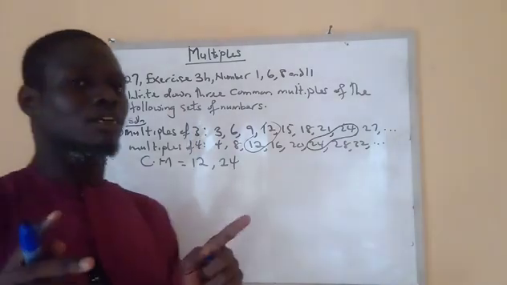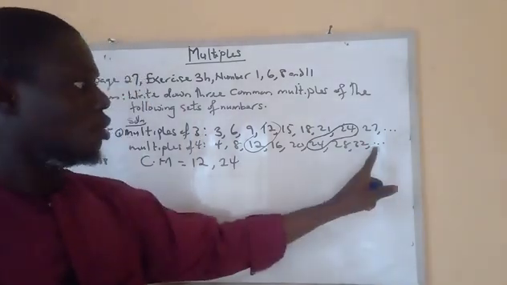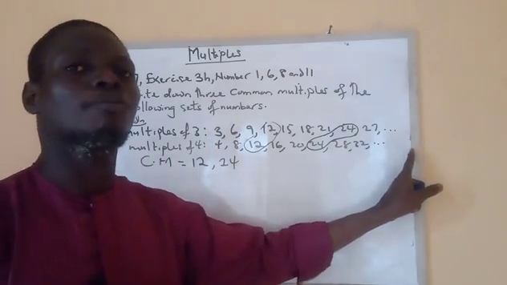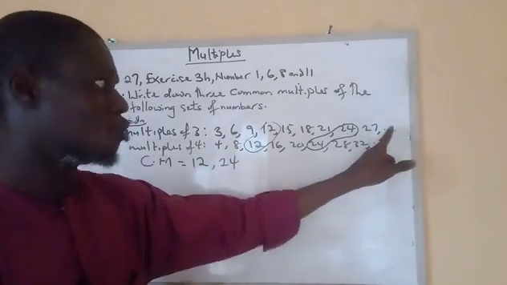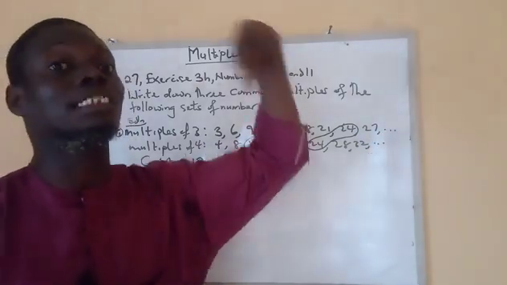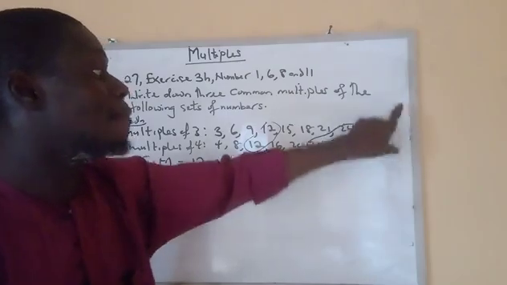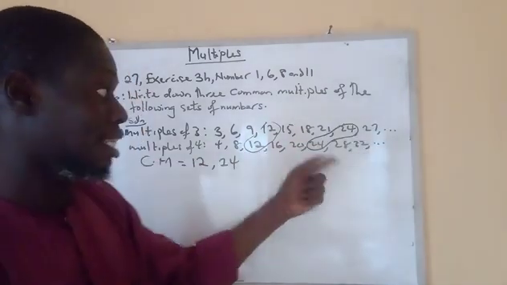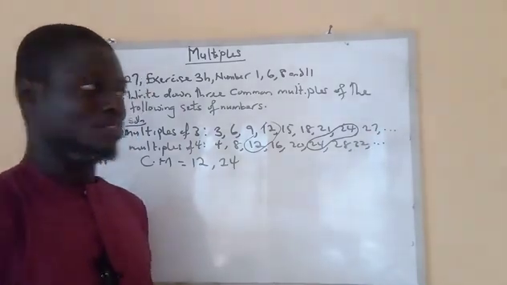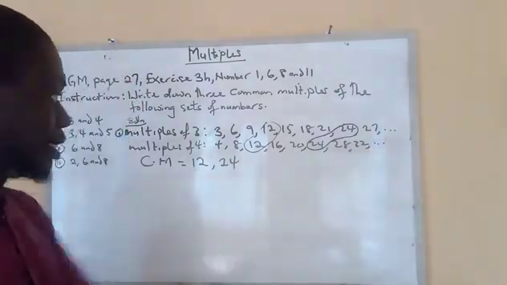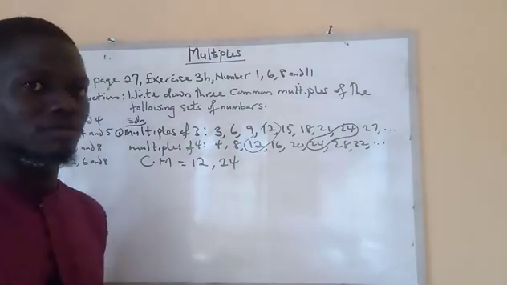It also reminds us that we can't list out all the multiples of numbers, which is why we put these 3 dots, since it extends forever. It means that there are many other common multiples that cannot be shown here. So what is the third one?